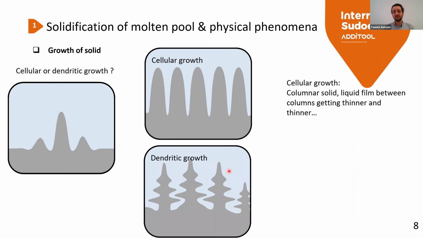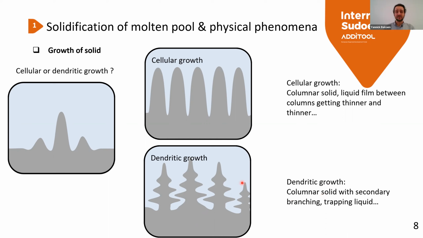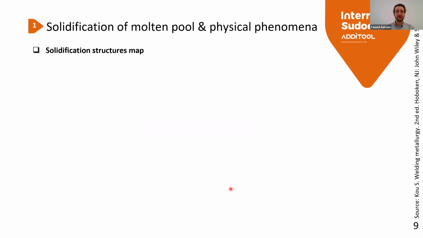We have another configuration with dendritic growth. The main difference is that we have secondary branching on this columnar solidification, characterized by lambda 2, the secondary dendrite arm spacing.